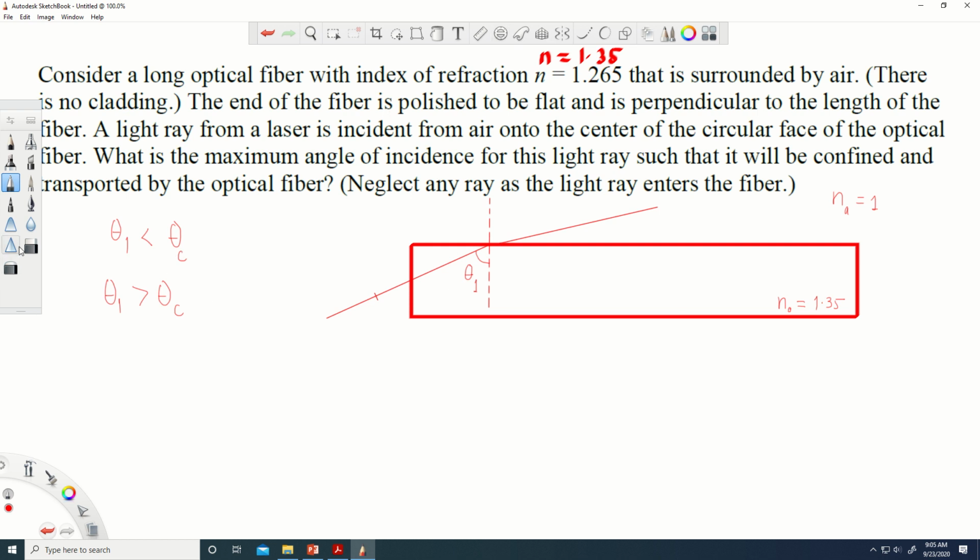So let me choose a different color here. If I hit this inner part of the optical cable exactly at the critical angle, so let's say this is theta c, then it will move along this surface.